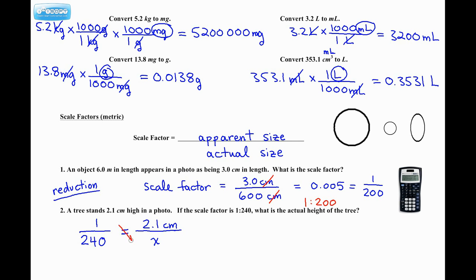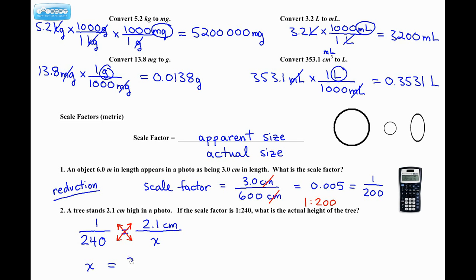So sometimes when people do it, they write these little arrows here, hence the cross part of it. And we just do the multiplication. So we start here, this is 1, and we multiply that by the x in the denominator. Well, 1 times x, of course, is just x equals. And then we begin here at the bottom, 240, and we multiply that by 2.1. Actually, before I even write that down, I'll write out what I was multiplying.